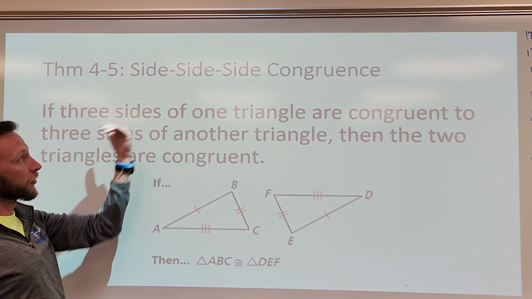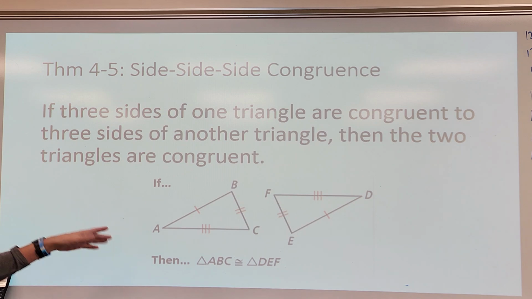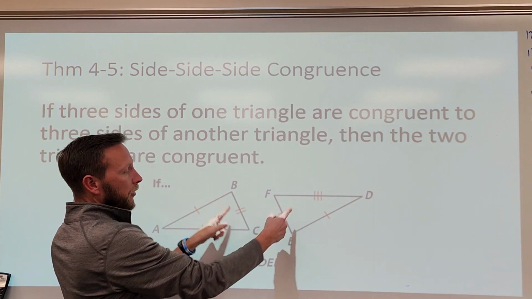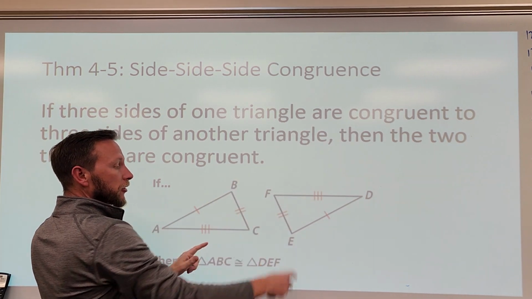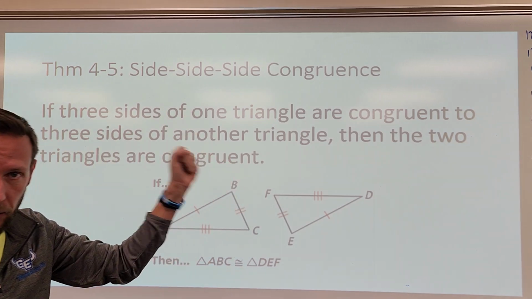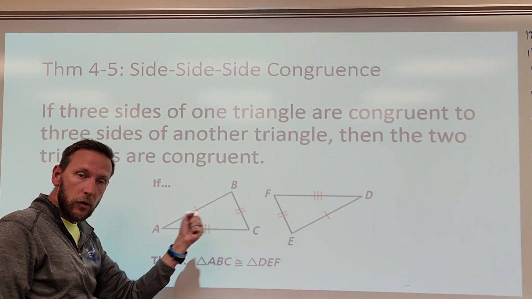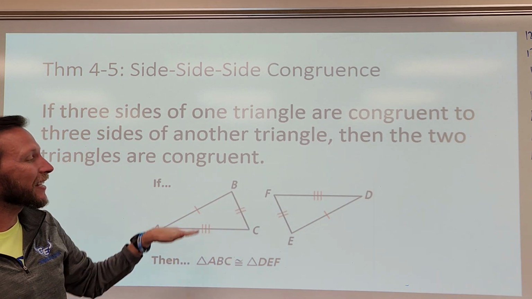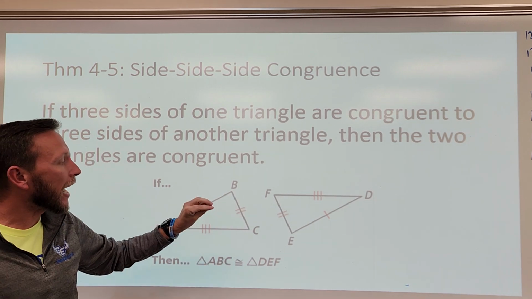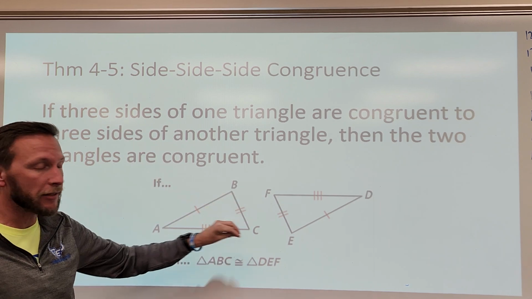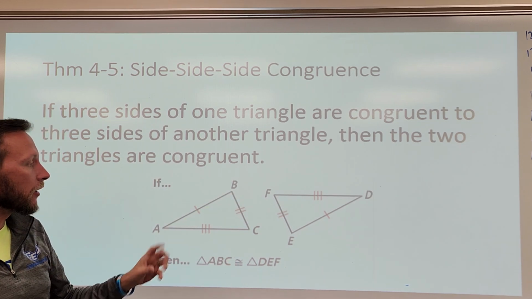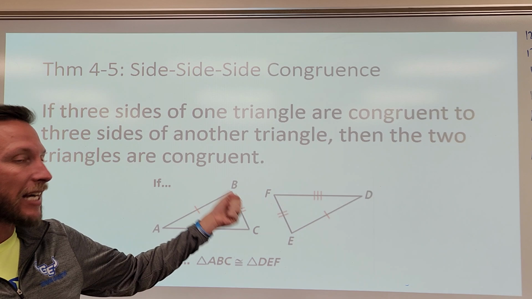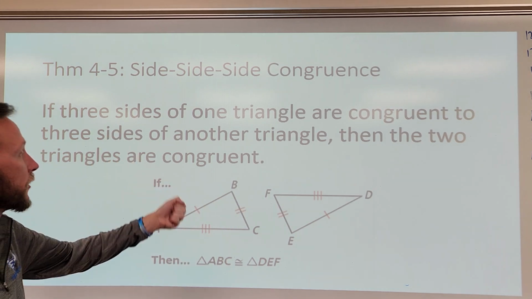Now side side side congruence. SSS is what our shortcut is here. We'll just write SSS. Meaning that if we have this pair of sides congruent and this pair of sides congruent and this pair of sides congruent, then these triangles must be congruent. Right? There's only one way to fit triangles with these side lengths together. The angles would have to be the same measure based on the way that those segments of those lengths will fit together.